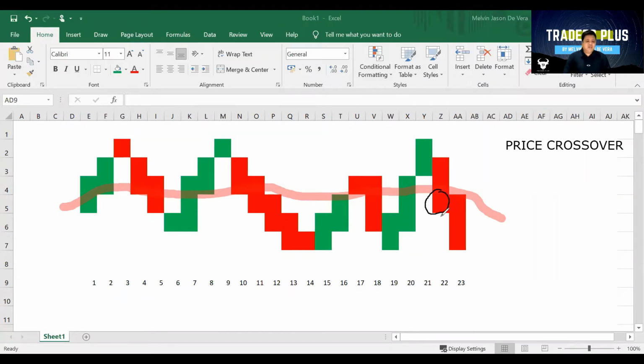But we wait for the next candle at ito yung entry mo ng sell. Why will you sell? Because you believe that this will go down dahil price cross over your moving average downward. Kaya bearish crossover yan. That's a bearish crossover.